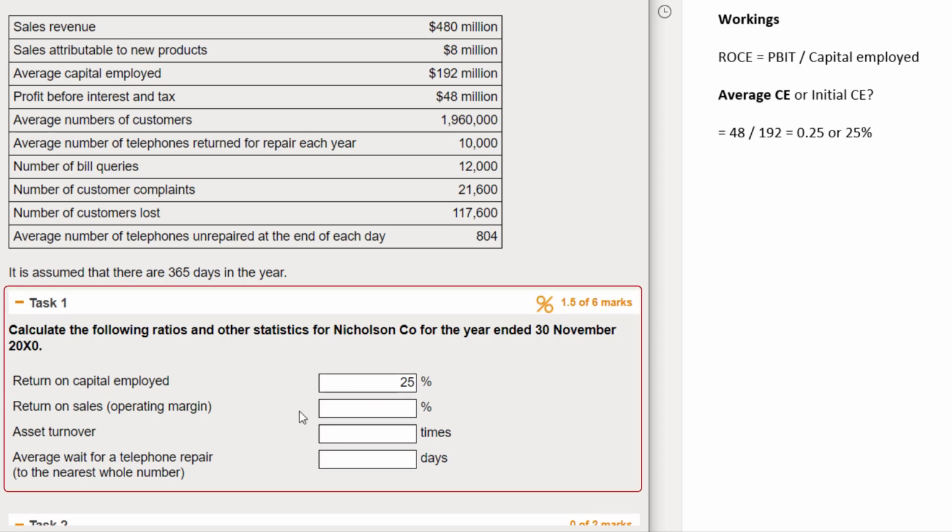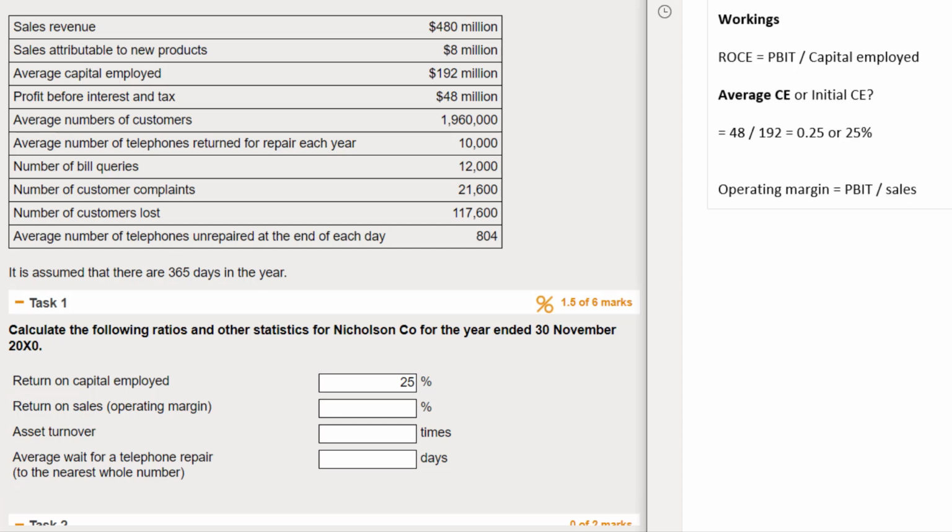Return on sales next. So that's another formula. So my operating margin. So my formula for the operating margin or return on sales is the return figure, the profit before interest and tax or operating profit, if that's given in the question, divided by my sales level. And I'm given these numbers.